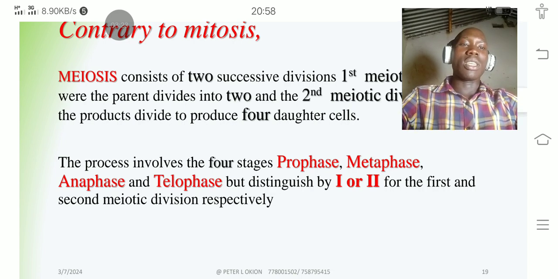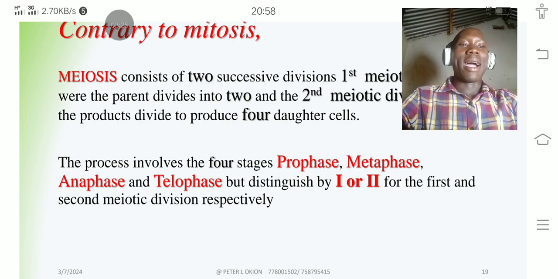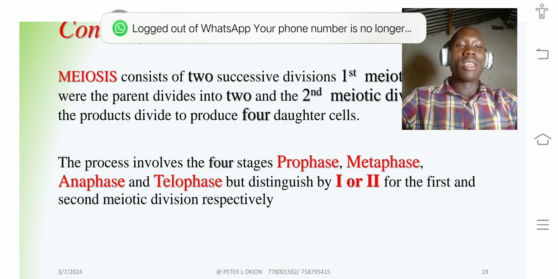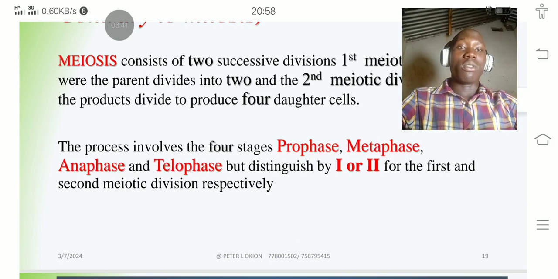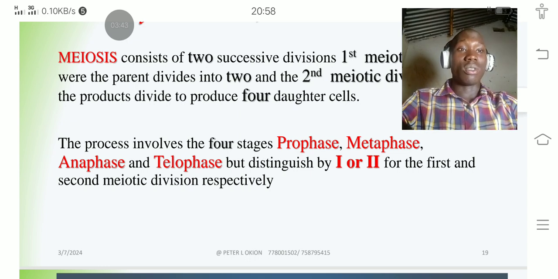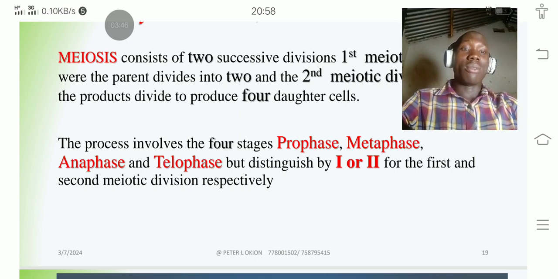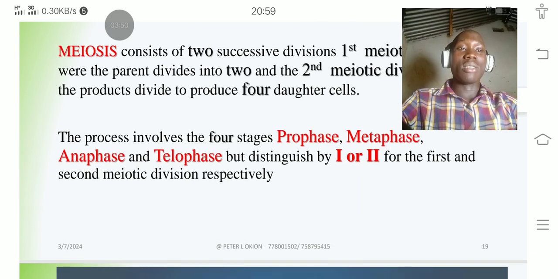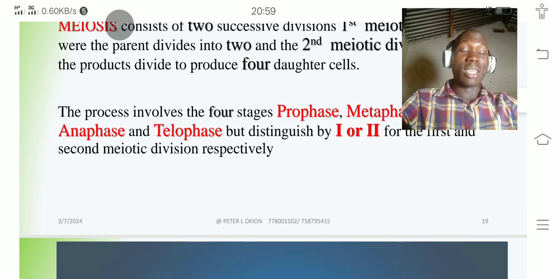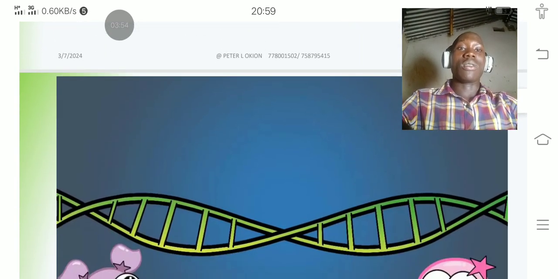The process involves 4 stages, that is prophase, metaphase, anaphase, and telophase, but distinguished by meiosis 1 and 2 for the first and second meiotic division. Both of them will have the prophase, metaphase, anaphase, and telophase stages, as we shall see.